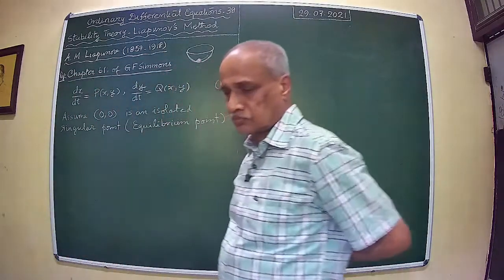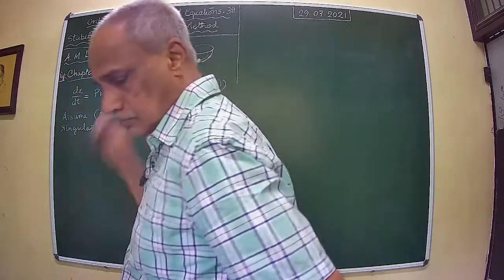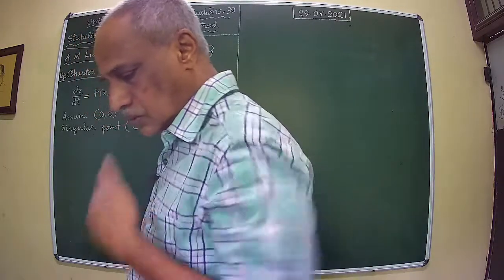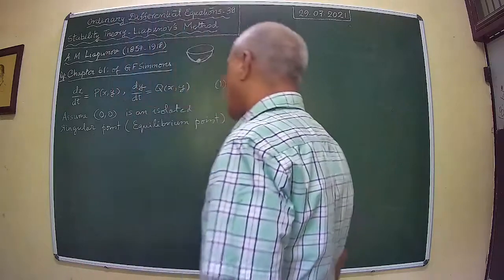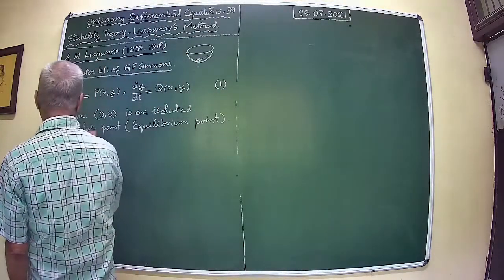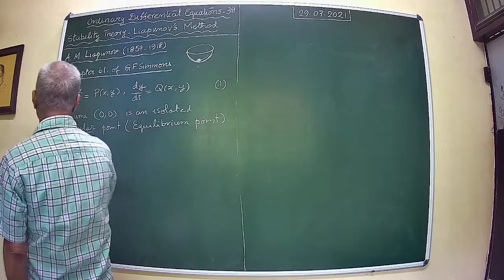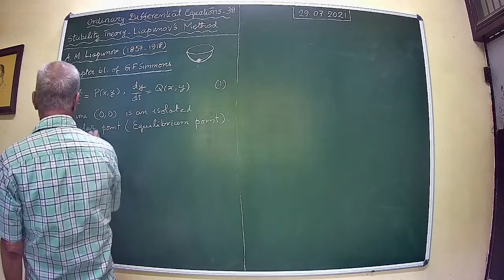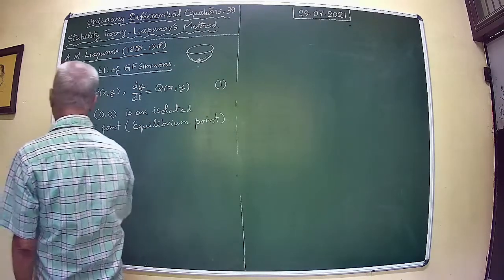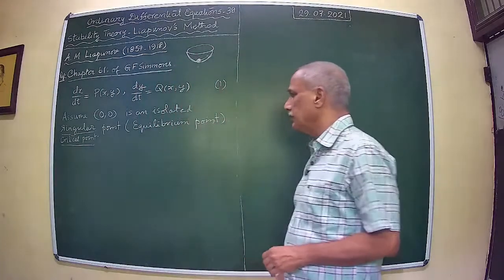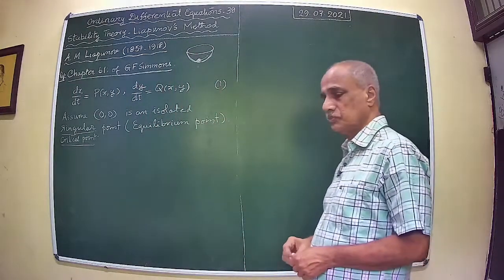This is also called a critical point. Physicists call it the equilibrium point. Okay.